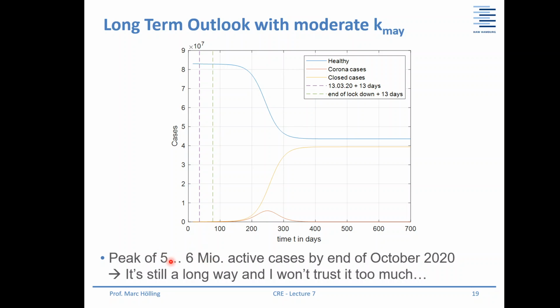It sounds like a lot, but I would say it's still a long way, and I won't trust it too much. If the specialists see that the numbers are increasing quite fast, then we can take active measures to make sure that it will go down. So I'm not expecting this. If we are running into a situation like this, I think at day 150 or so there will be some measures taken.